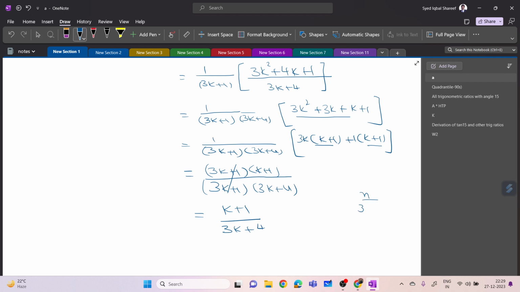So therefore this is the sum form. What is that formula? N by 3n plus 1. You see, n equal to k plus 1. So k plus 1 by 3(k plus 1) plus 1, that is 3k plus 4. So therefore S of n for k plus 1 is true.